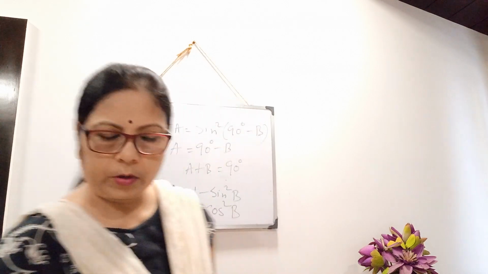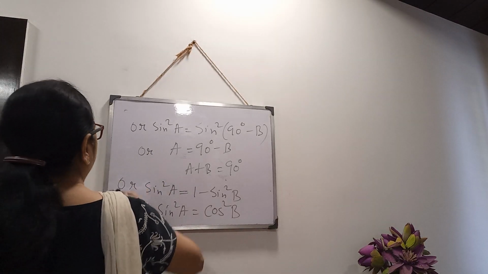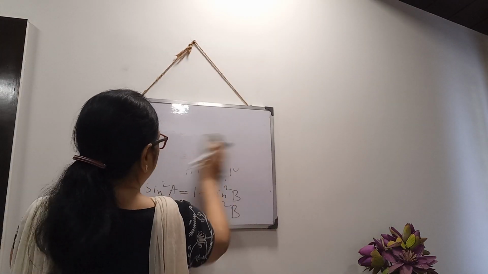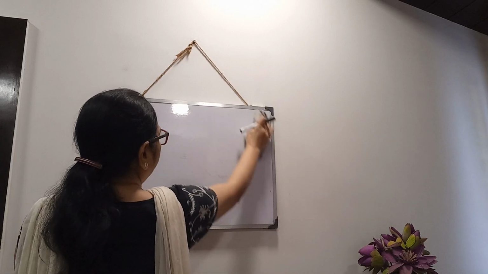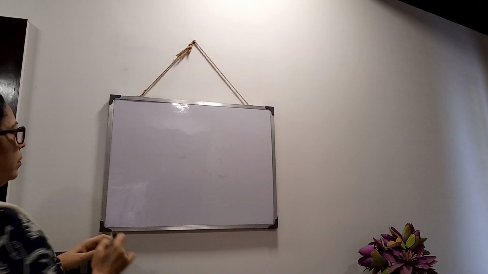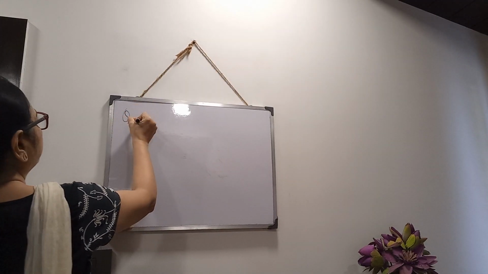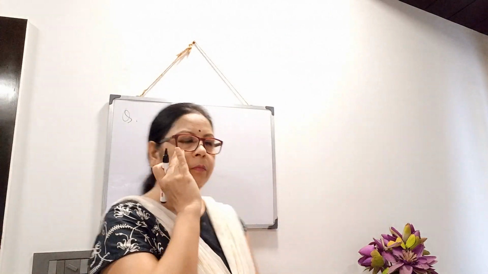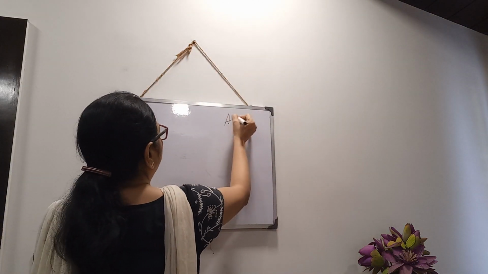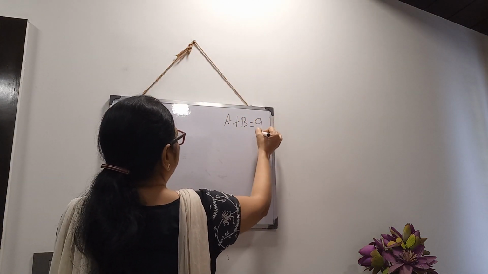Now if the sum is of this type, okay, this sum we will practice. This is an important sum. Next one: A and B are complementary angles, means A plus B, it is given. That means A plus B equals 90 degree.